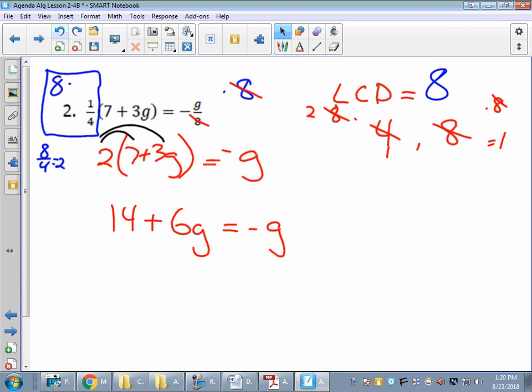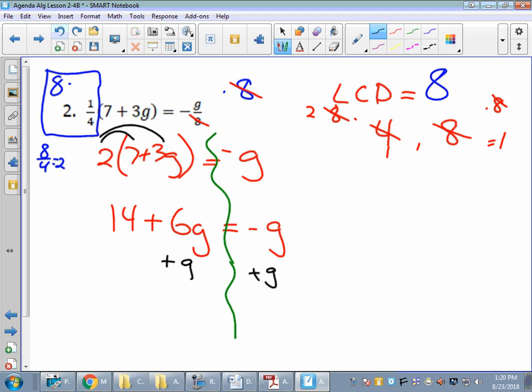You'll probably notice that there's a faster way to do it if you just put the variable on the right. But just to keep consistent, I'm going to put the variables on the left. So in that case, I'm going to add a g to both sides. So now I'm going to have 14 plus 7g, and that's going to be equal to nothing on the other side, right?